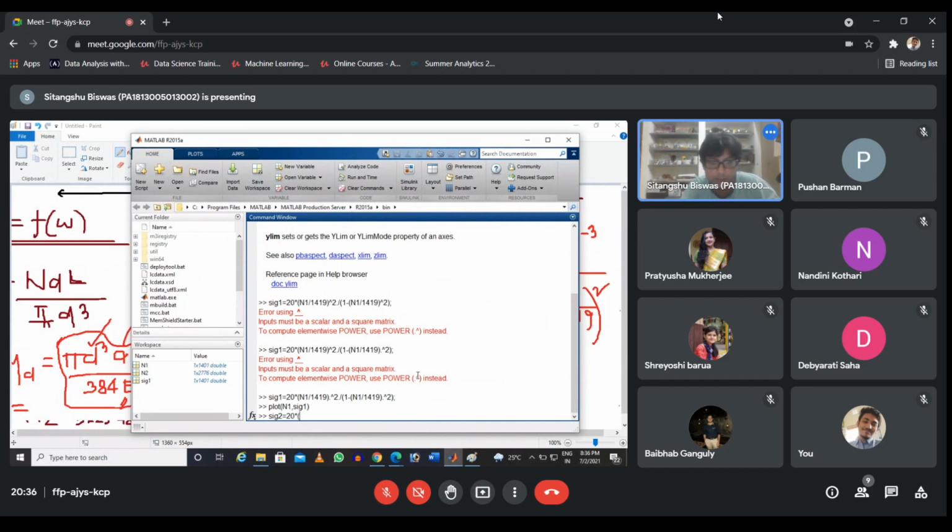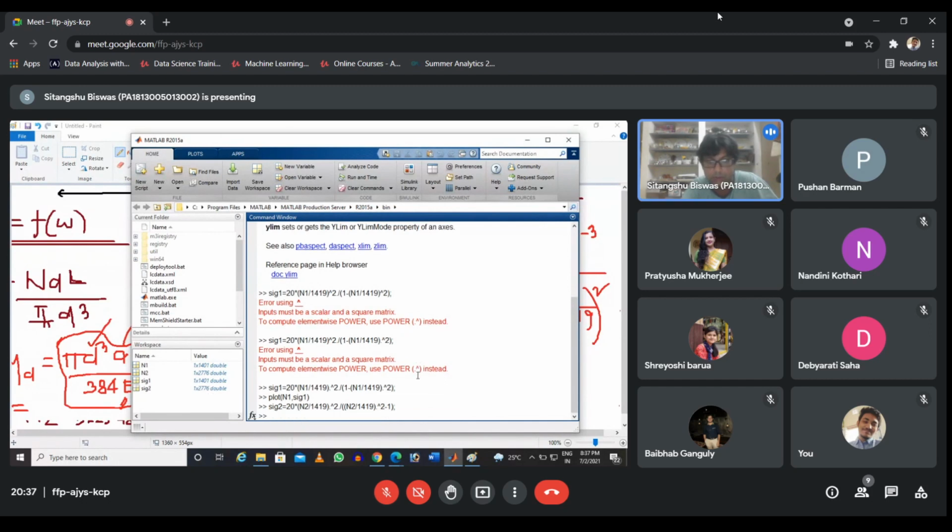So that is my N2 divided by my 1419 square, divided by 1 minus N2 by 1419 square minus 1. This is my sigma 2.